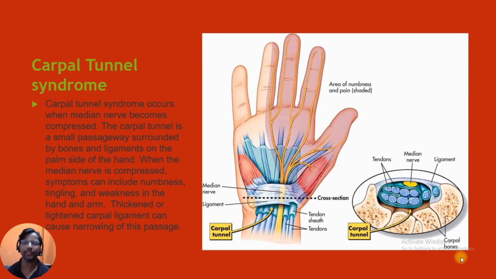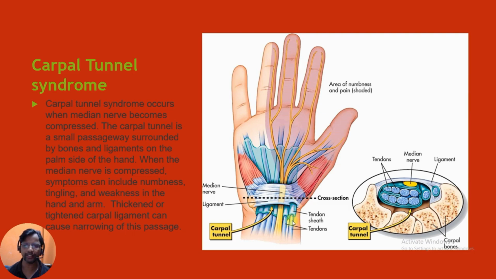In order to understand carpal tunnel syndrome, the most important keyword in the operative report is median nerve. Whenever the median nerve compresses, we will get carpal tunnel syndrome. So this is the cross section. This is the carpal tunnel. This is the tendon sheath. Every tendon will be covered by tendon sheath.